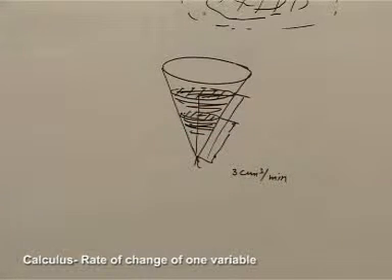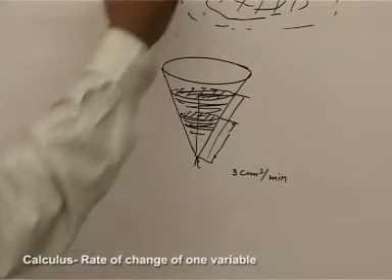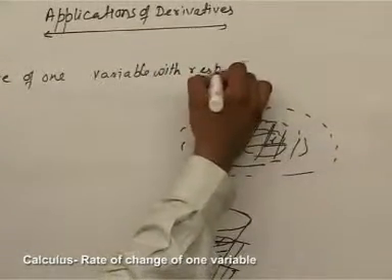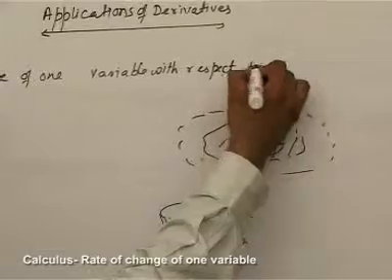Total surface area is also changing. Volume is also changing. So many things are changing simultaneously. So when we consider the rate of change of these things, we are going to study the rate of change of one variable with respect to the other variable.